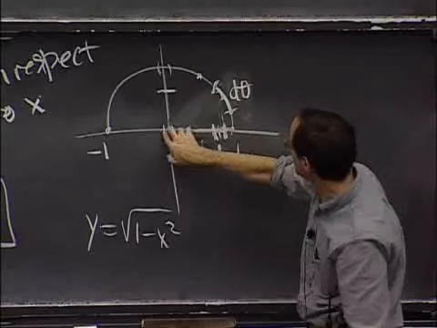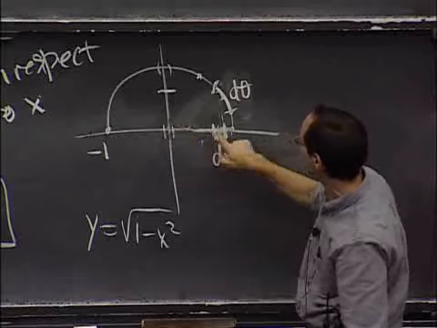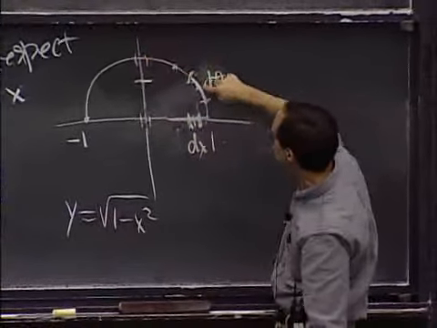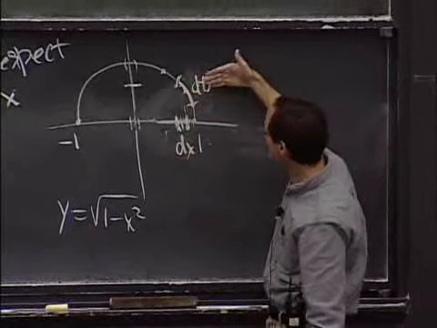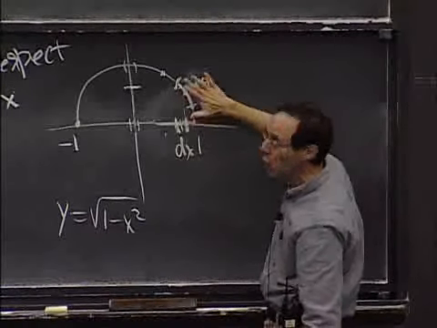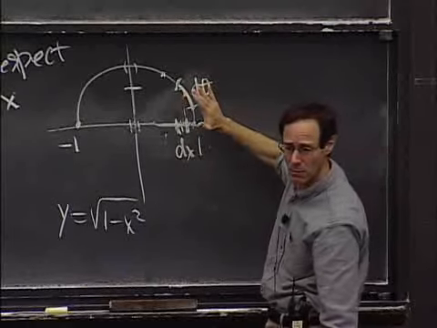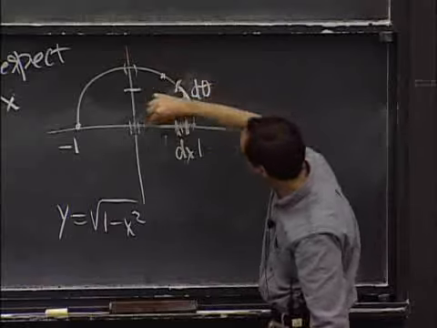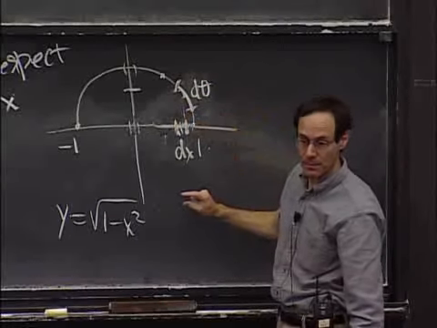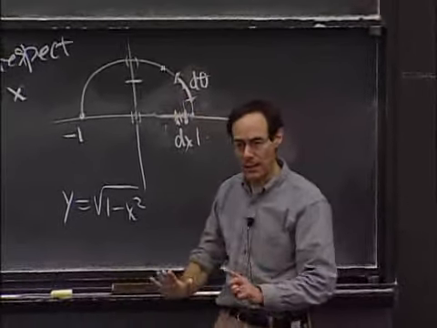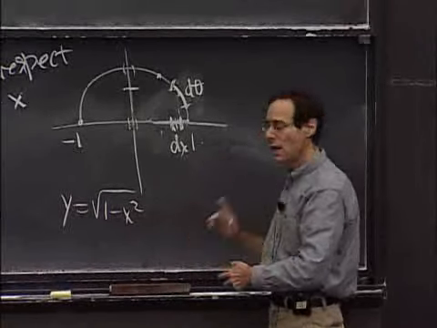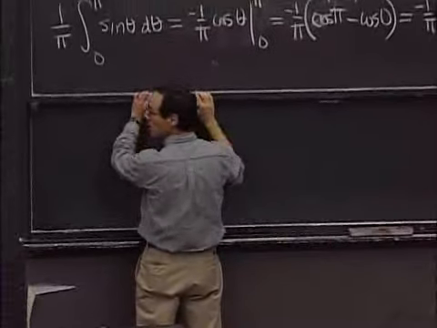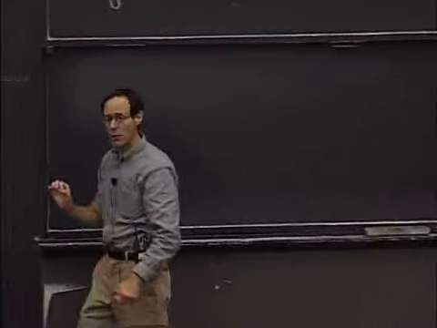Whereas if you look at this section versus this section for the dx, they give equal weights to these two equal lengths. But here, with respect to theta, this is relatively short and this is much larger. So the theta variable is emphasizing the lower parts of the semicircle more. That's because this length is shorter and this length is longer, whereas these two are the same. It's a balancing act of the relative weights. I'm going to say that again in a different way. The lower part is more important for theta.